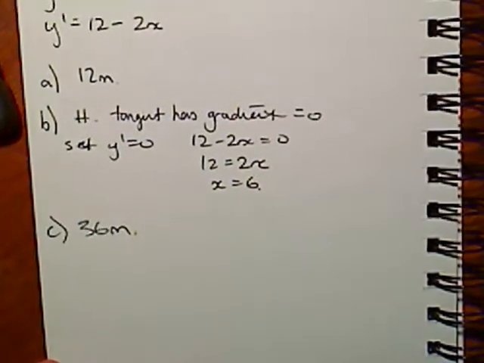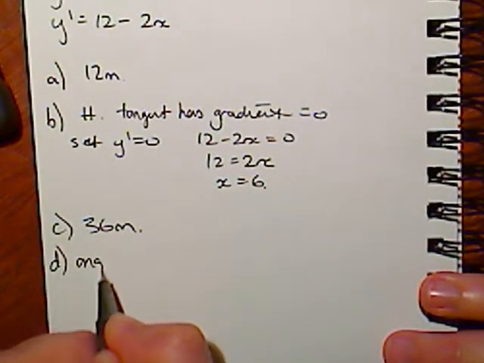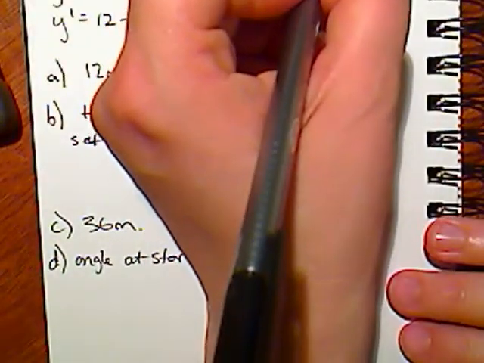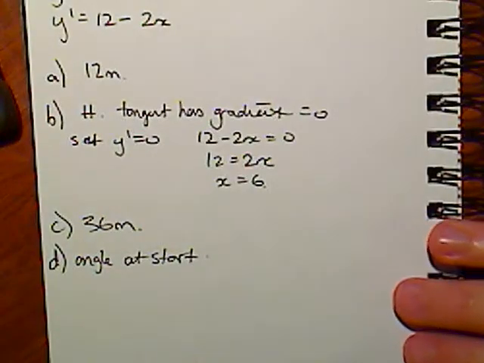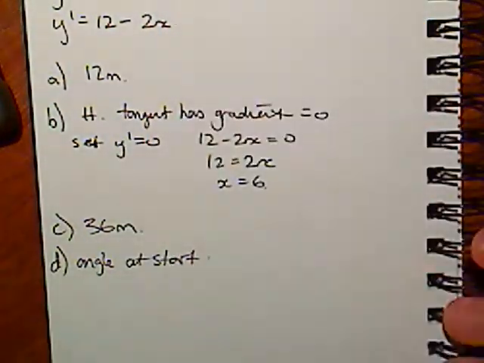At what angle was the ball initially thrown? So that means if we find the gradient of the tangent there, then we will know that that is rise over run.